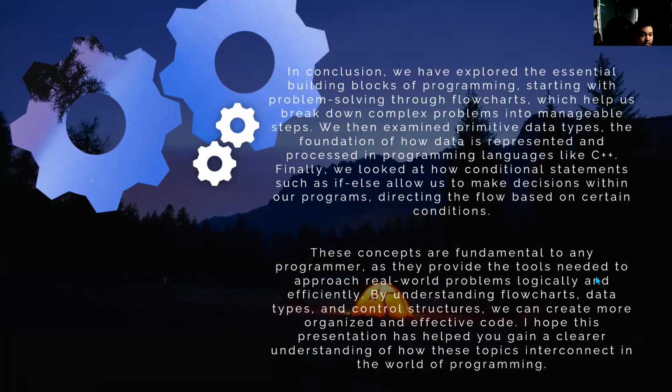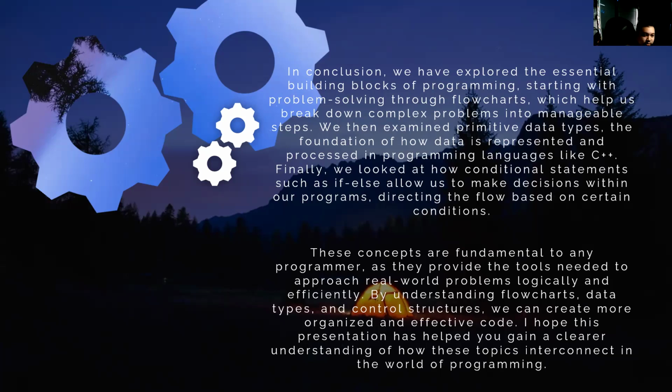Now, to wrap up, we've covered basic problem solving and programming by walking through flowcharts, which allow us to visualize the steps in an algorithm before we even write code. We've also discussed primitive data types, fundamental building blocks that allow programs to handle different kinds of data.